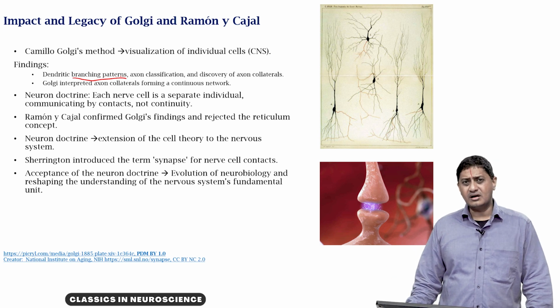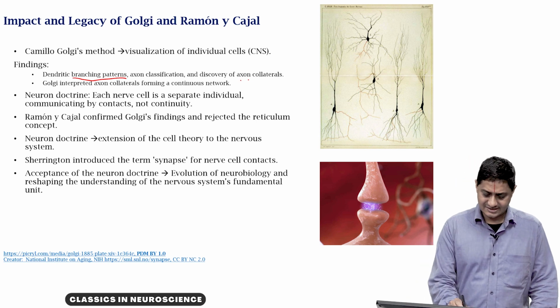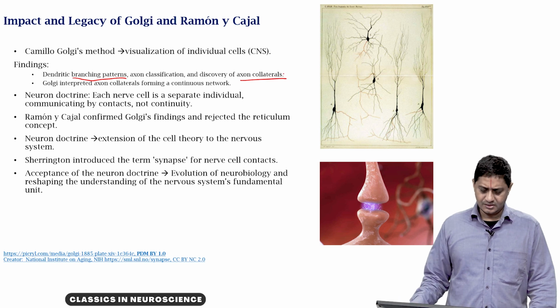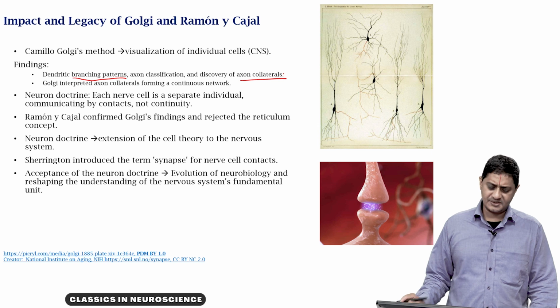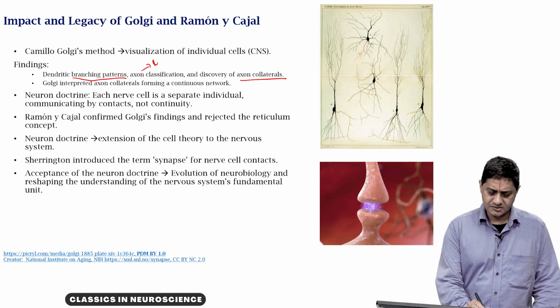He also found axons forming several branches, or axon collaterals, and he classified axons as two types: long axons and short axons.